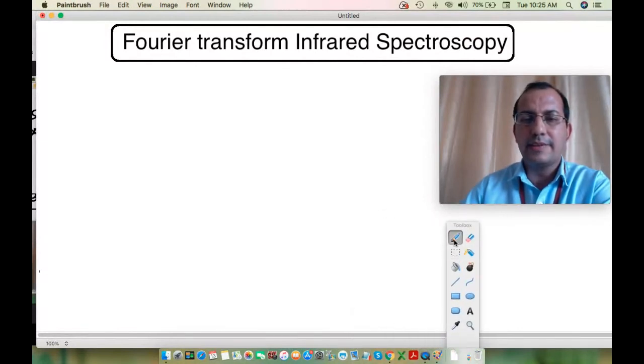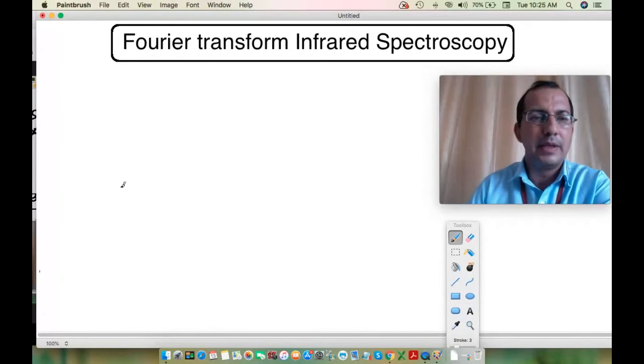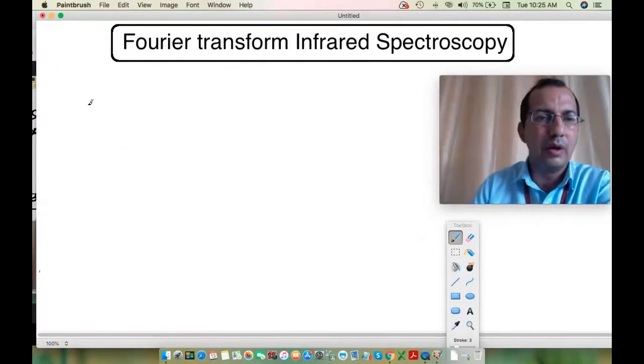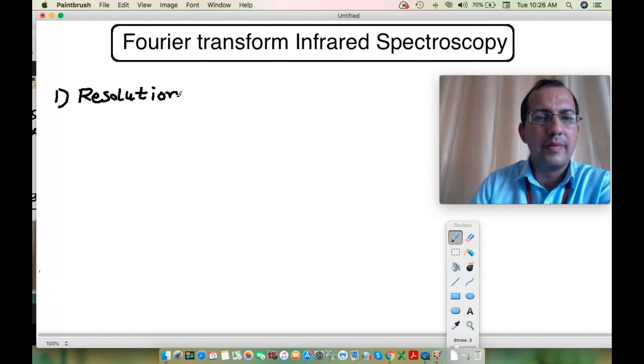Let's find out how the resolution works. First we would like to talk about the resolution, and we would like to talk about the Fourier series.